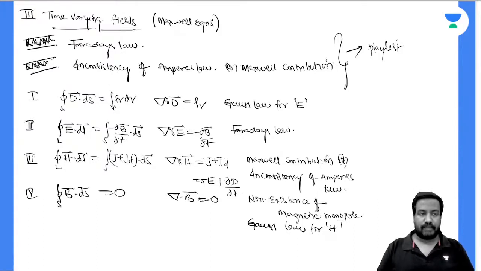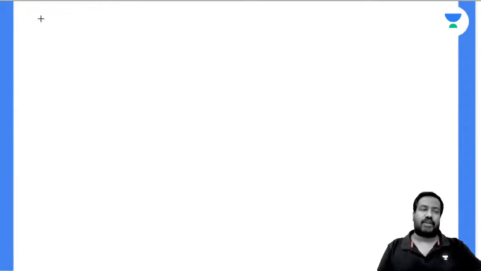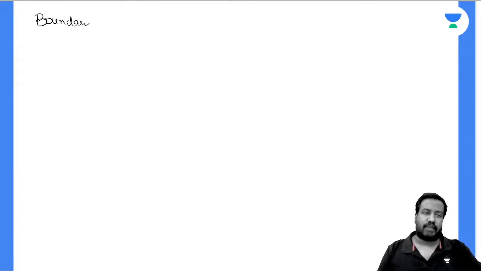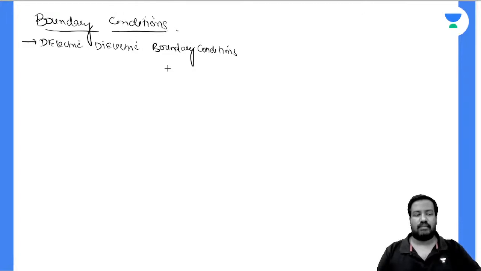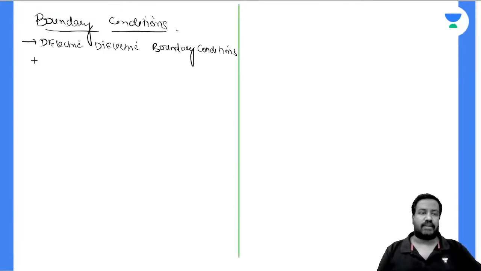Is that clear? Besides Maxwell equations, in module 1 the most important after Maxwell equations are boundary conditions. Please stress on these boundary conditions, because boundary conditions are defined for dielectric boundary conditions, and dielectric conductor boundary conditions.